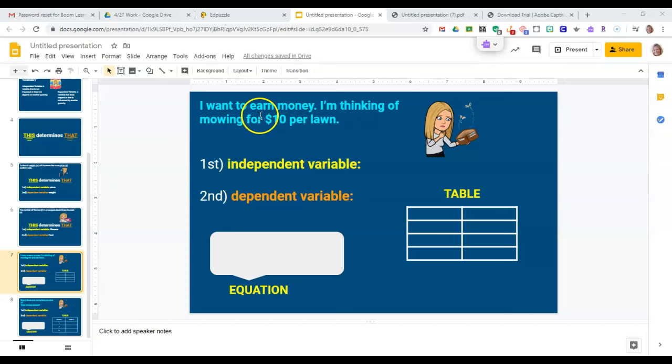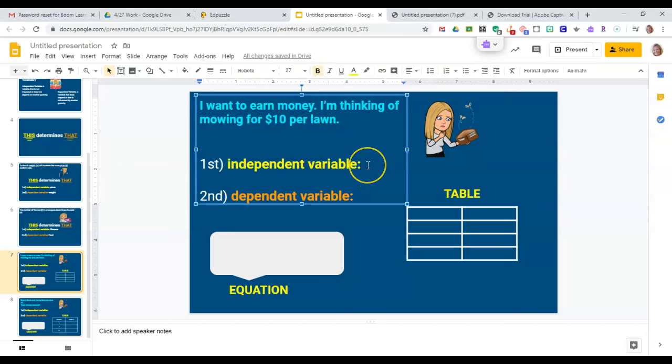Well, here, the amount of money I'm going to earn will depend on how many lawns I mow. So here, it's going to be lawns, because it's going to be the number of lawns that I mow. And then the dependent variable is going to be the money that I want to earn.